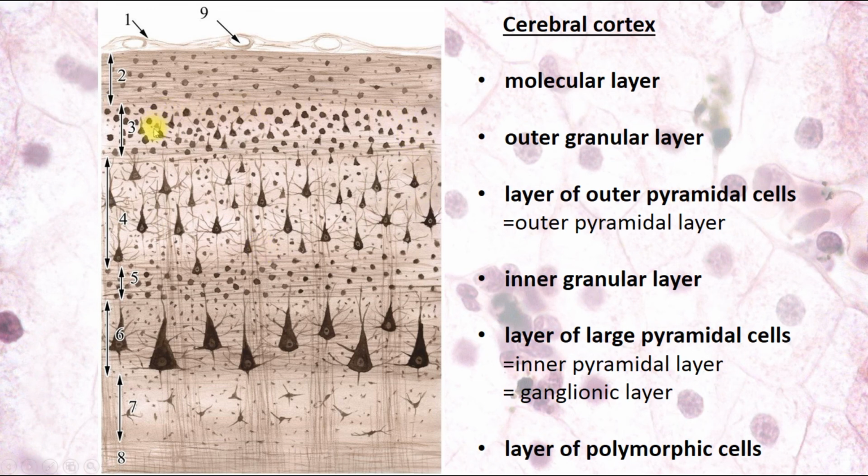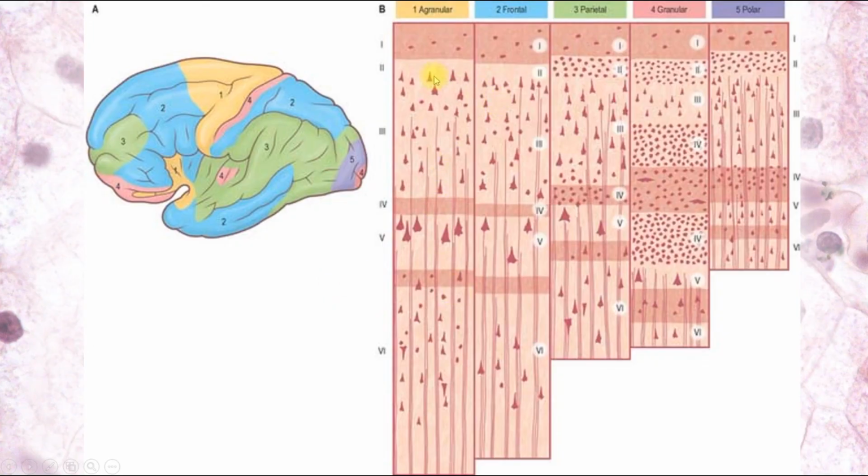When we have well-developed granular layers, we can call this type of cerebral cortex granular. And in the opposite situation, when pyramidal cells are well developed and granular cells are almost absent, we call this type of cerebral cortex agranular type. So here we can see an agranular type, well-developed pyramidal layers, and a granular type, well-developed granular layers of cerebral cortex. And they have some functional differences.